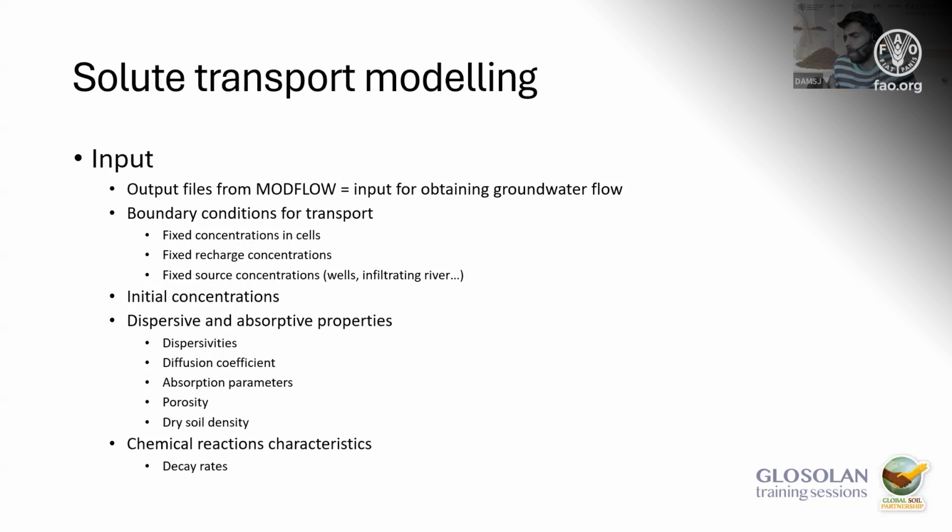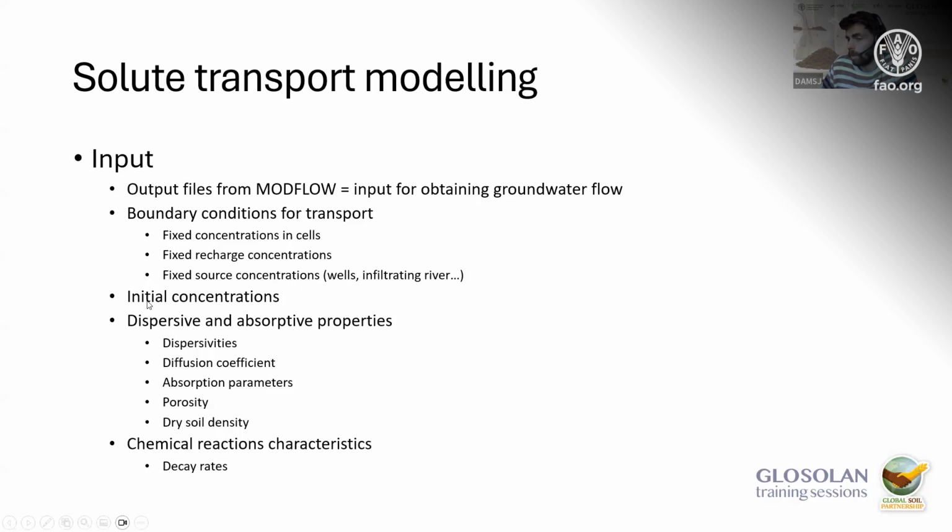It could be a given concentration in a cell somewhere, but you can also assume that the recharge entering your flow and solute transport model has a certain concentration of a pollutant, or that there are infiltrating wells or infiltrating rivers that leach a certain pollutant into your system.